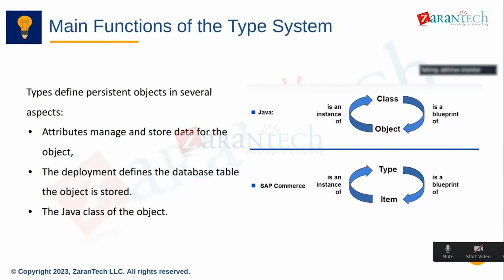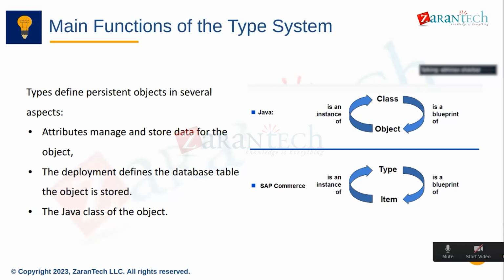Yes, correct. Like we create the classes and everything in Java, here we are creating the item. Item is equal to class only in SAP Hybris. Is it a class or an object? It's a class. But the diagram says that type is a class.